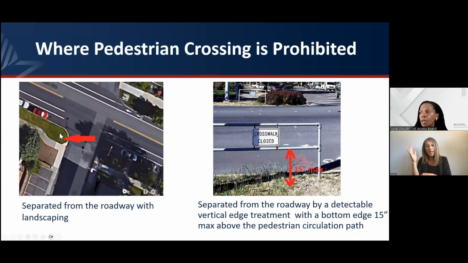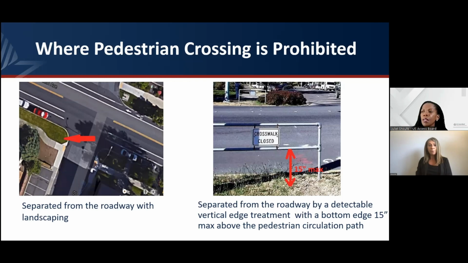So that's option A. Option B is shown on the image on the right, and that is separating the roadway by a detectable vertical edge treatment with a bottom edge 15 inches maximum above the pedestrian circulation path. So those are the two options that you have if you have a crosswalk where crossing is prohibited.